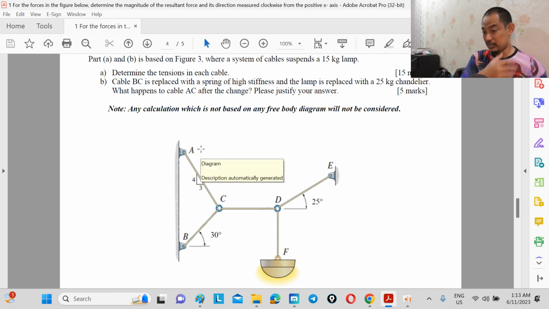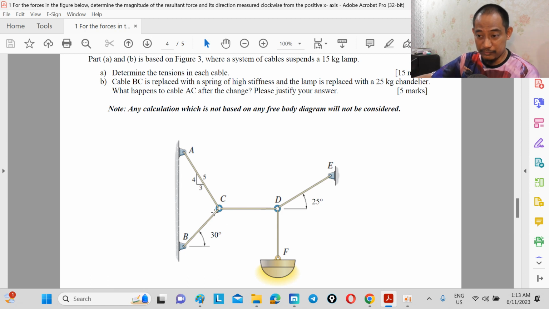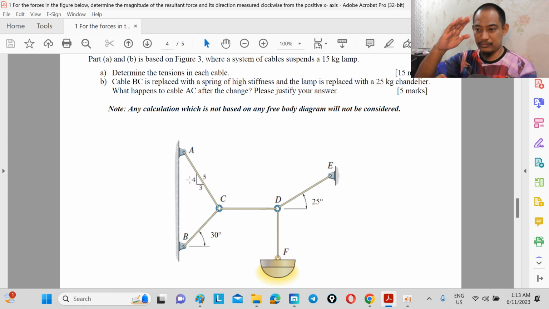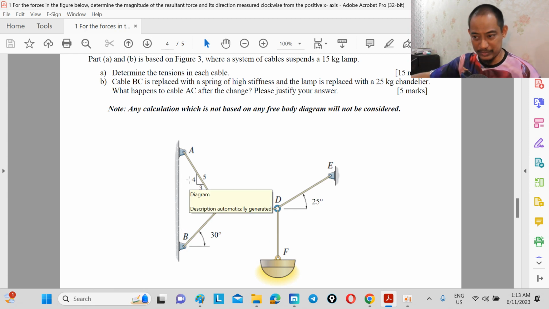Please justify your answer. For a question like this, as long as you are going in the right direction, normally you will get marks, because for logical questions like this, the answer is not just one, right? If you imagine the force here becomes higher, F towards B, it tends to pull in that direction, so the angle here can be more acute from that perspective.